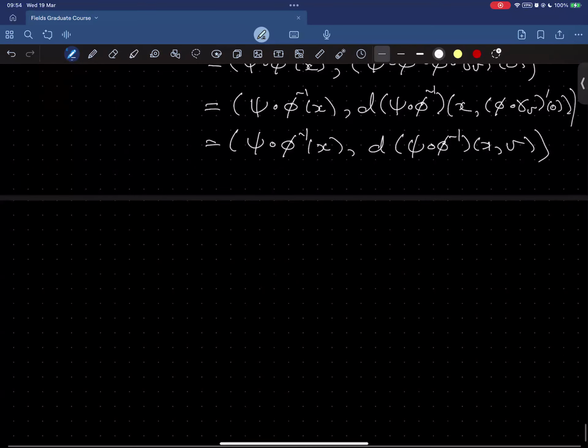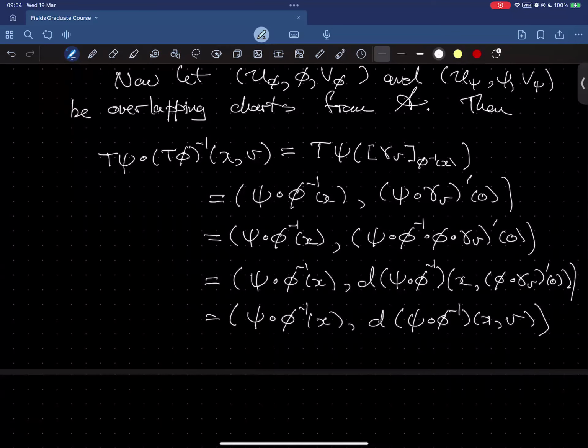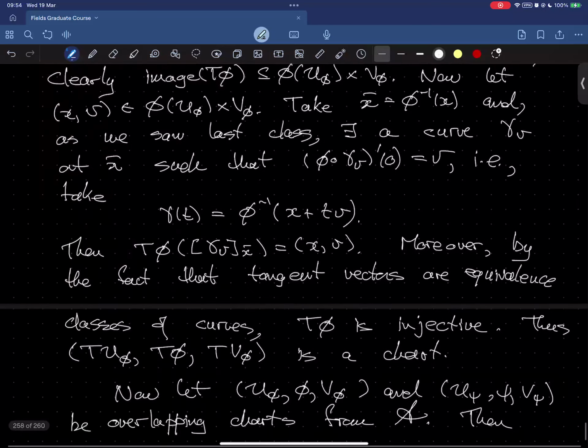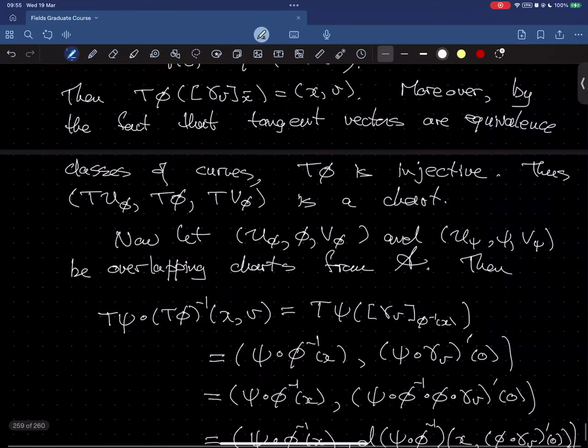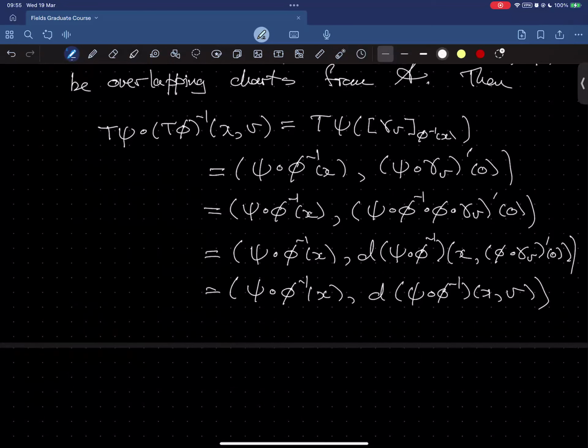So what do I need to be true? According to my claim, the differentiable structure for TM is going to be of class C^(r-1) if M is of class C^r. And why is it C^(r-1)?